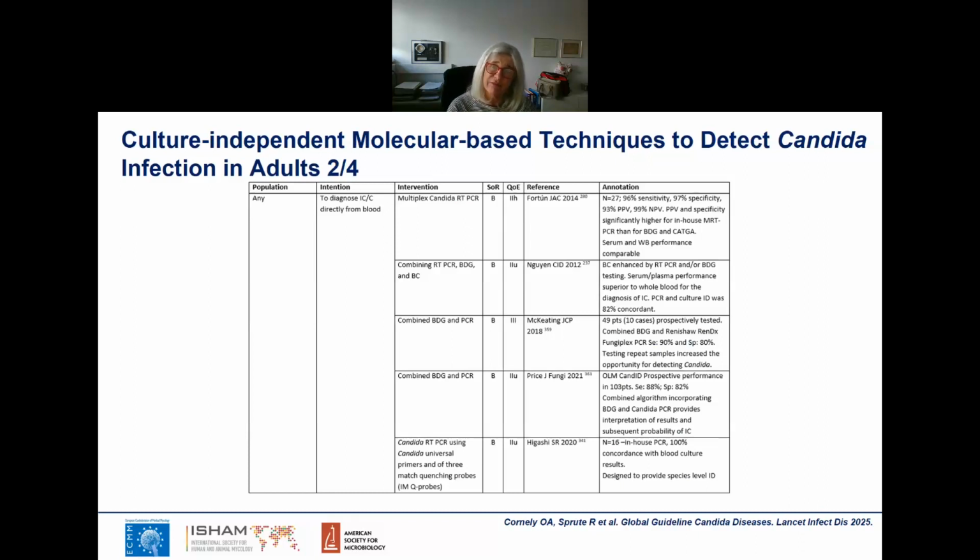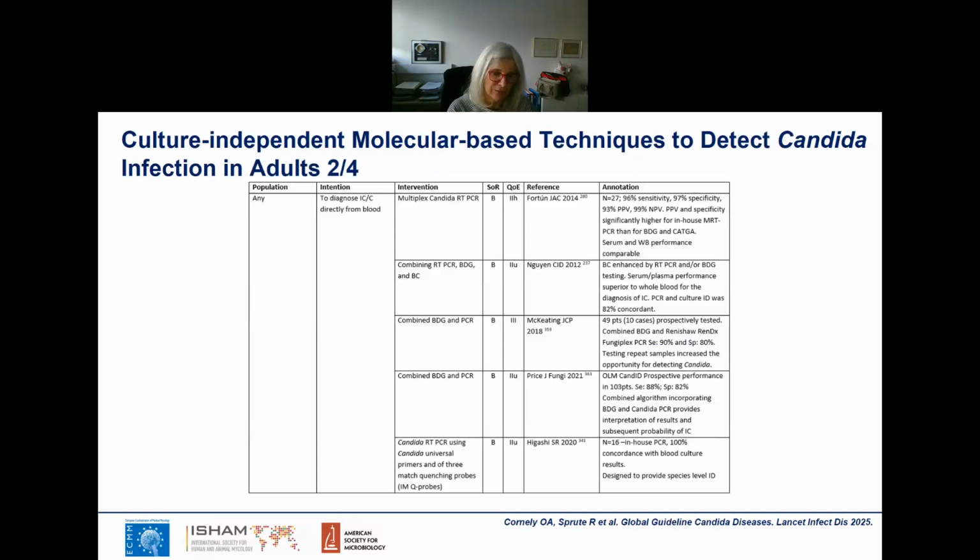There are several drawbacks. First of all, and I think this is the most important one, the fungal load is low in such specimens, is low in blood, hence the analytical sensitivity, or the so-called limit of detection, is the critical issue.